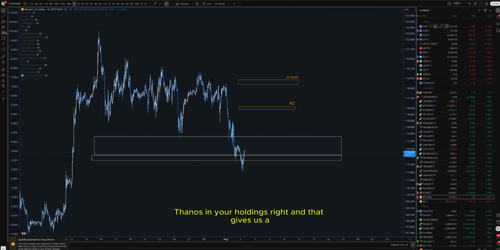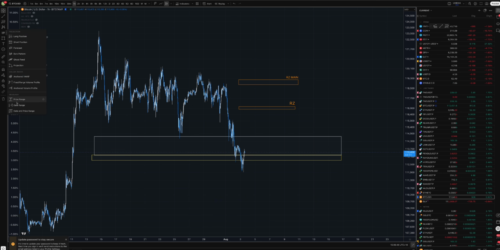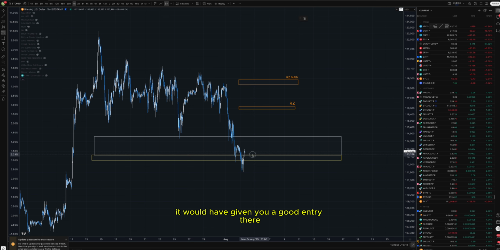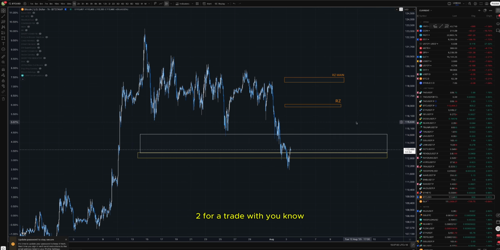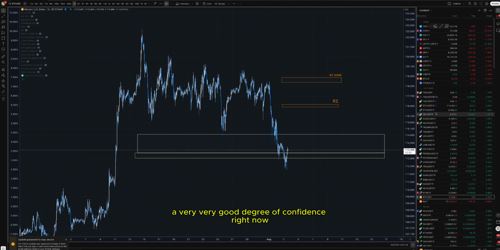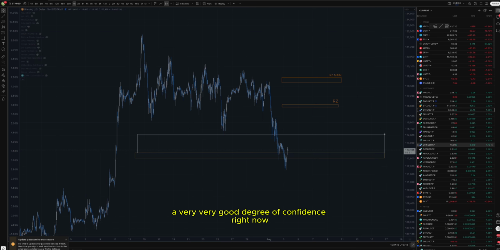And that gives us, well, if you entered at the line where the golden pocket is, it would have given you a good entry there. But you get a good 3 to 4R trade with a very, very good degree of confidence, right?